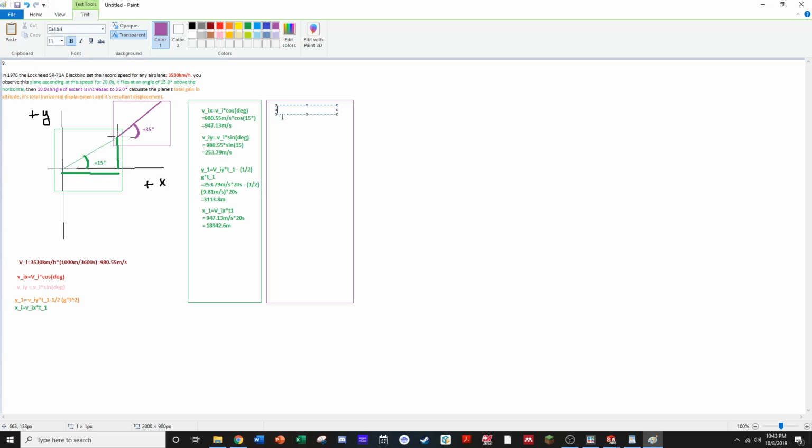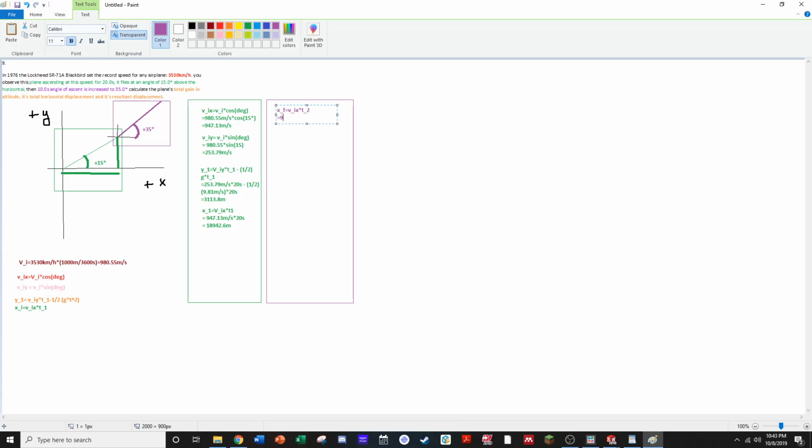So we're going to do x sub f equals the initial velocity with respect to x times the second part of the flight.